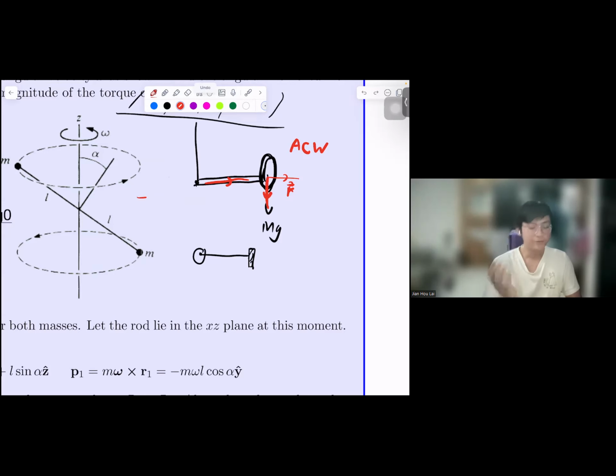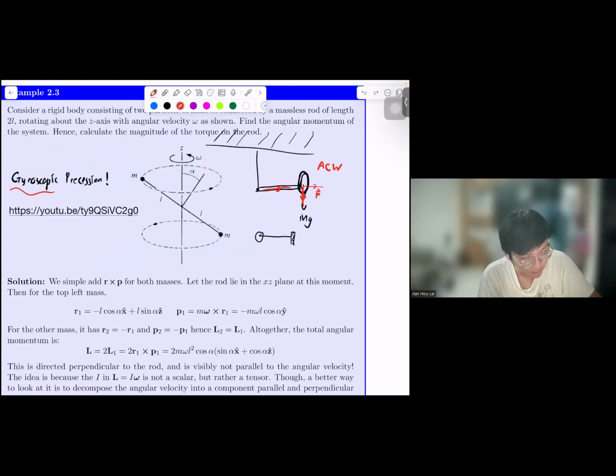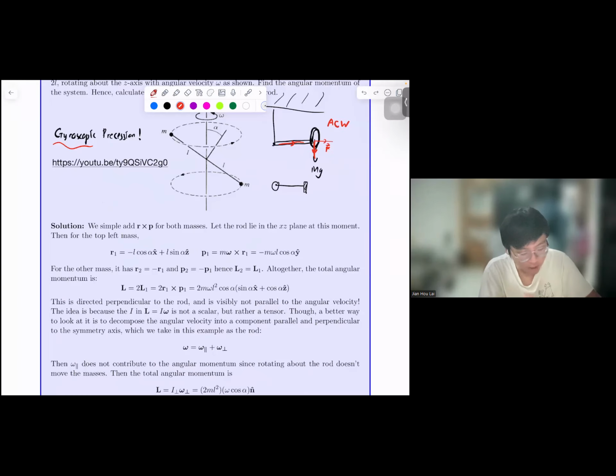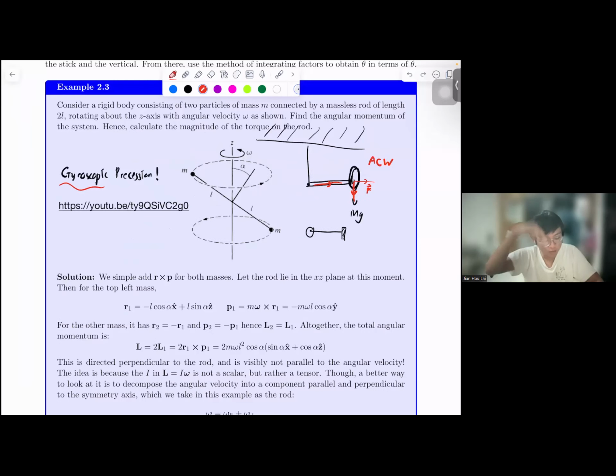You can use your right hand rule to find the direction of the angular momentum. Then you see it from the top, and you will find the direction.